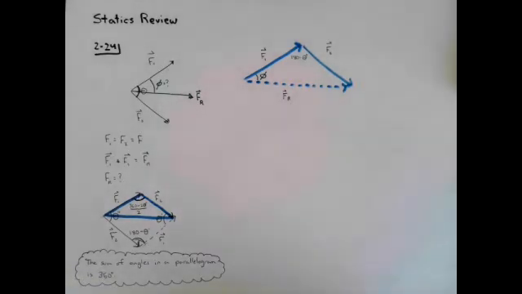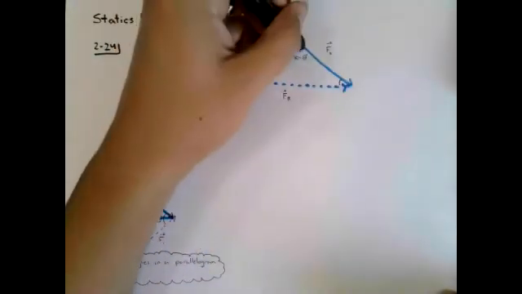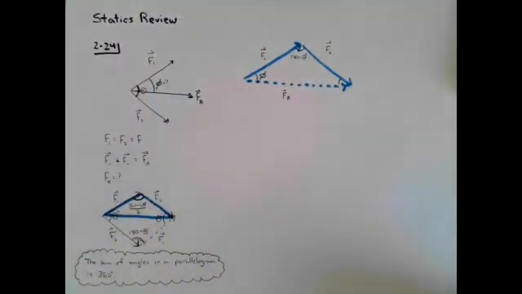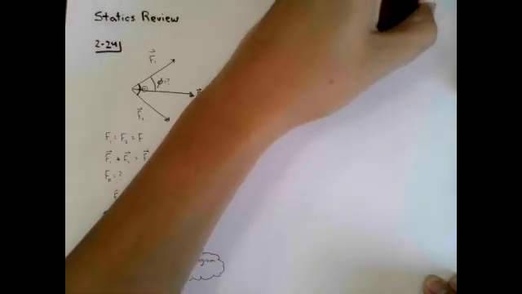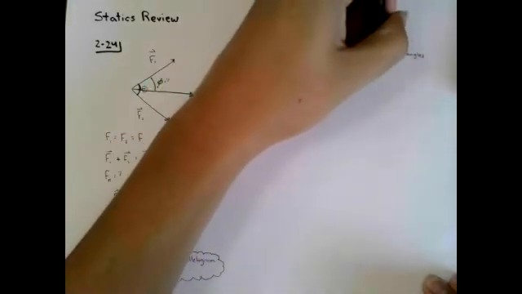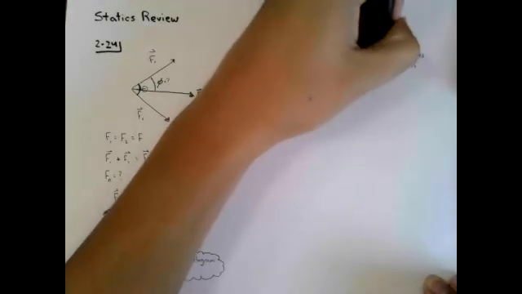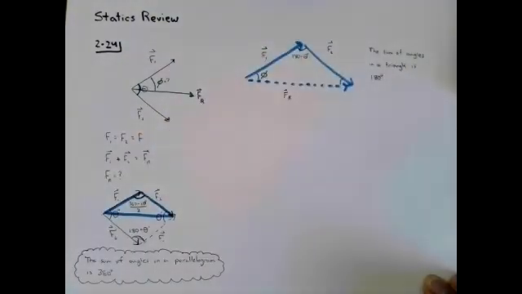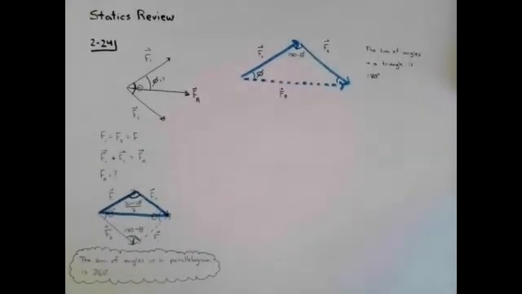And now we can find this missing angle, which we don't really know what it is, but we do know that the sum of angles in a triangle is 180 degrees. So again, I'm just going to write it down here for reference. So the sum of angles in a triangle is equal to 180 degrees.